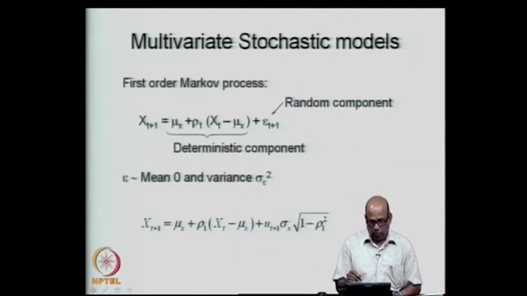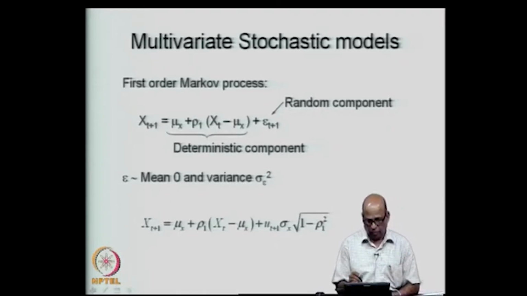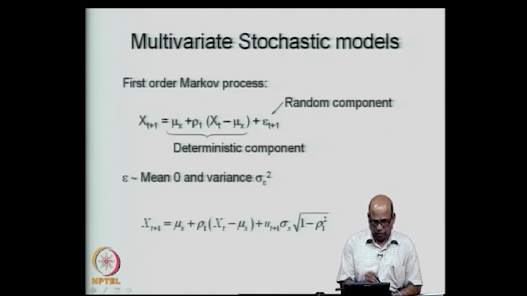And just to complete our discussion on the previous coverage of the part, we wrote the first order Markov process as x t plus 1 is equal to mu x. Look at this, we had one time series, and from x t you are generating x t plus 1 here.